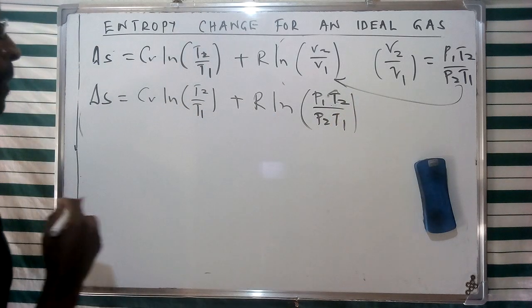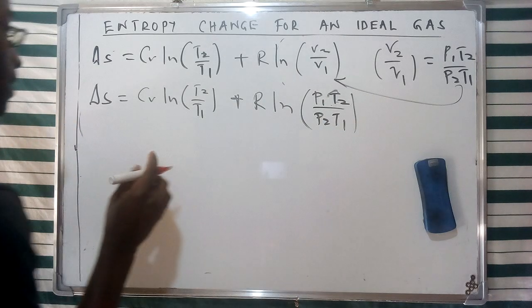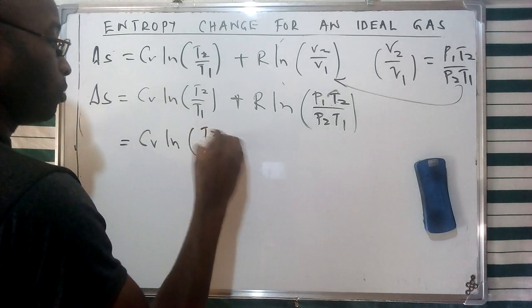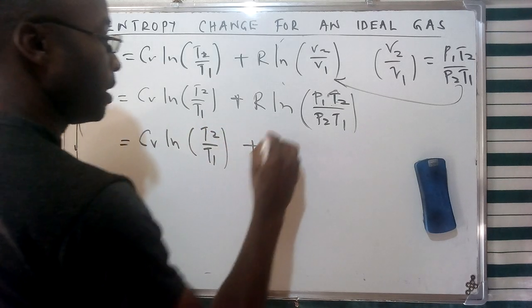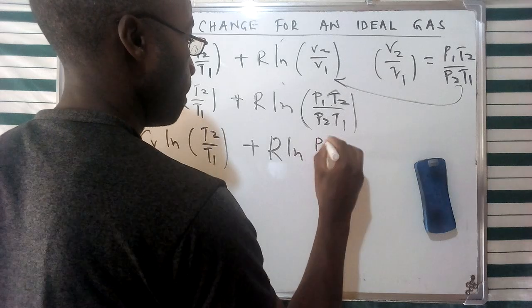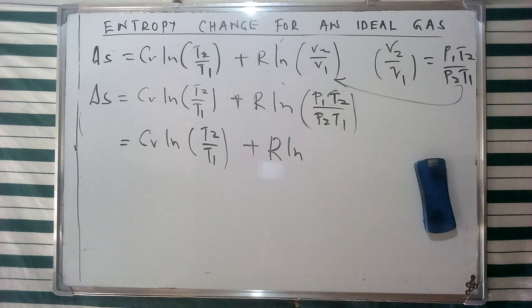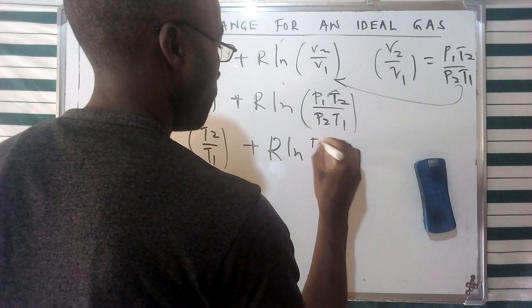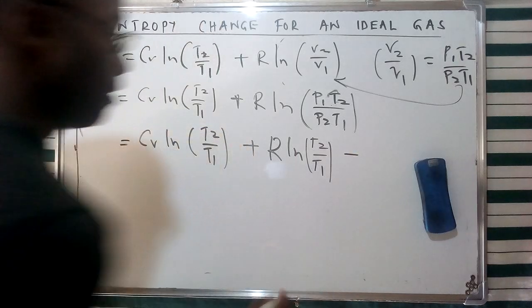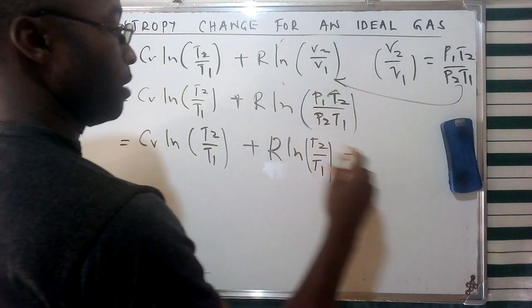From there, using logarithms, we can split the second bit, giving the natural log of T2 over T1 plus the natural log of P1 over P2. For this second bit of pressure, we can just do an inverse of this.